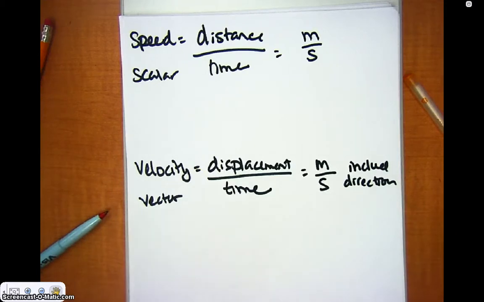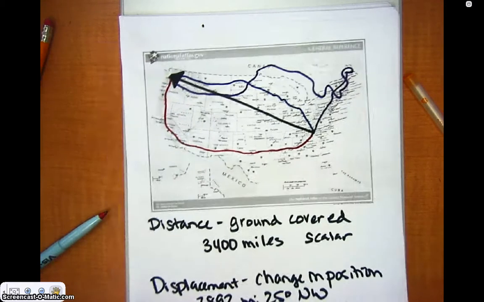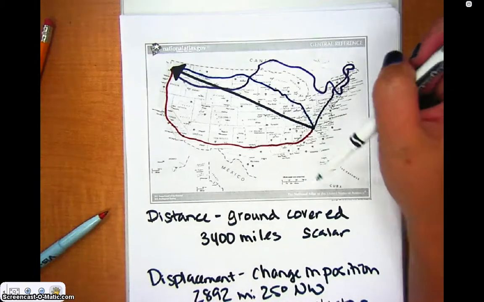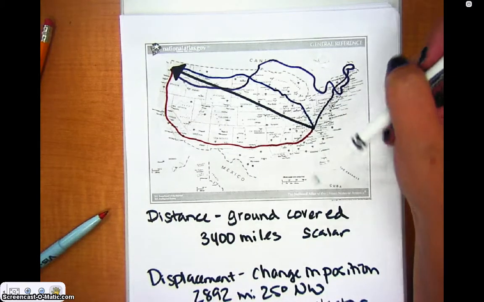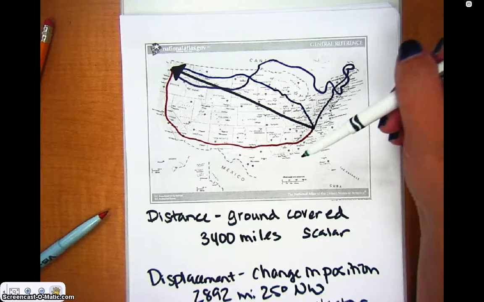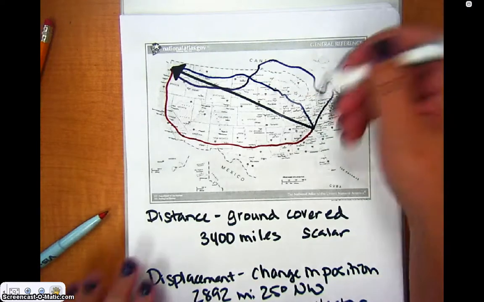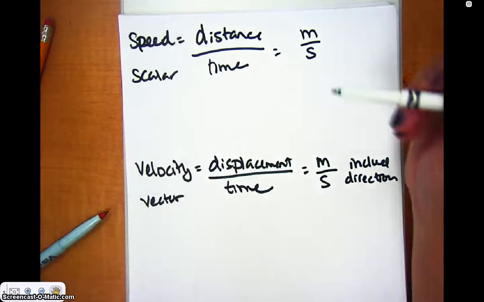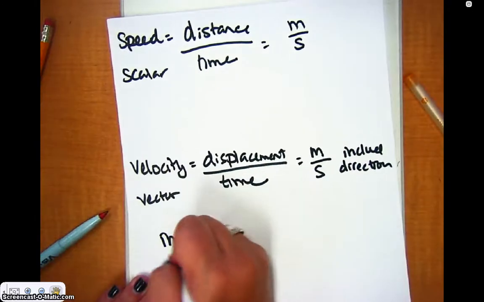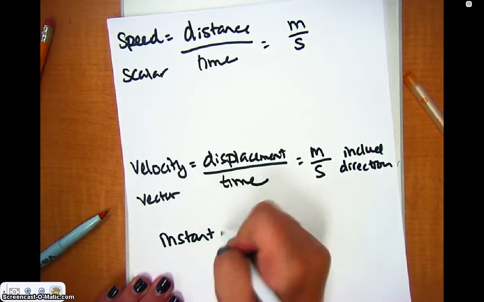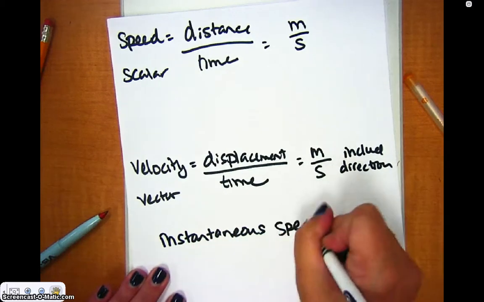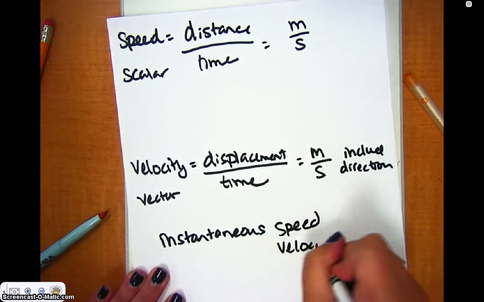Now, as you travel, let's look at this path again. As we travel around, right, if you're on a highway, sometimes you're stopped, sometimes you're going fast. So sometimes you're going 75, maybe sometimes you're going 85, right? So at every individual point, we have something that's called the instantaneous speed or instantaneous velocity.